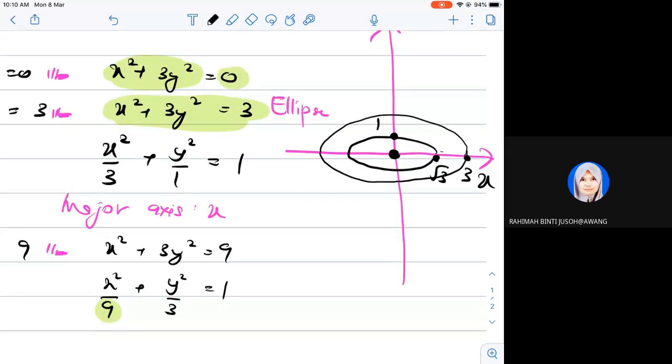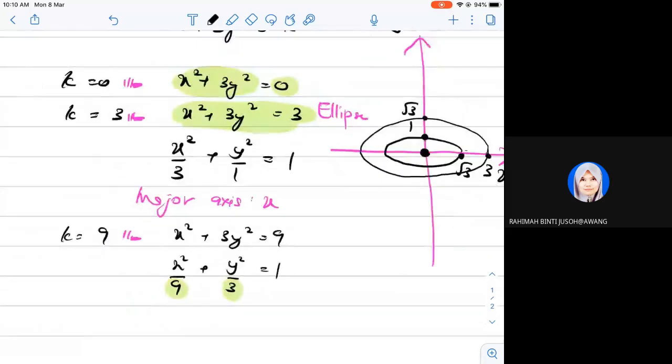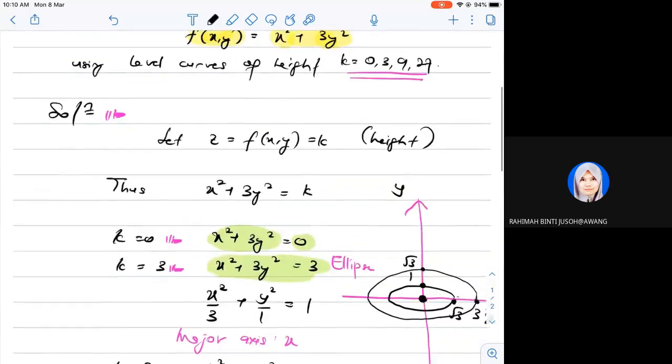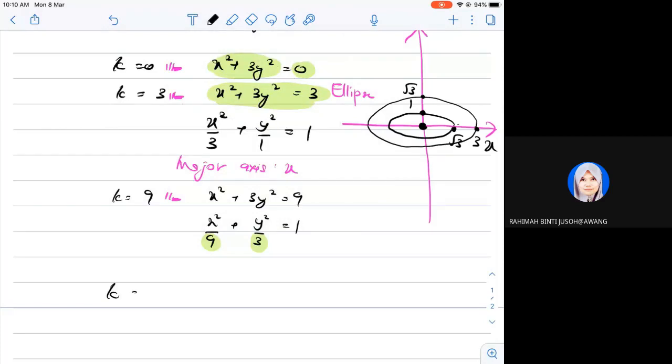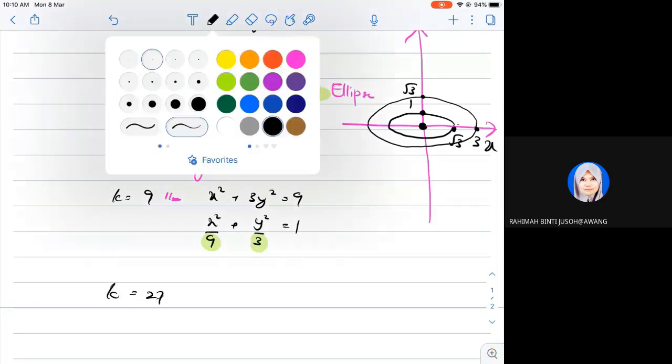And then the value of Y is? What is the value up here? Square root 3, yes, square root 3, right? Okay, so last value, k equals 27. Substitute again.